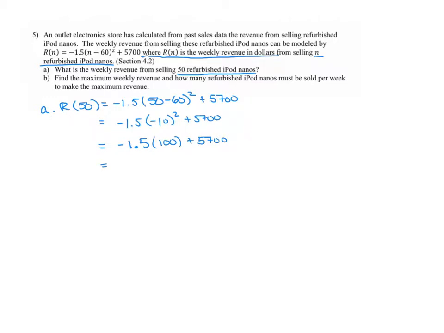Negative 1.5 times 100 is negative 150. And if we simplify that, we get $5,550.